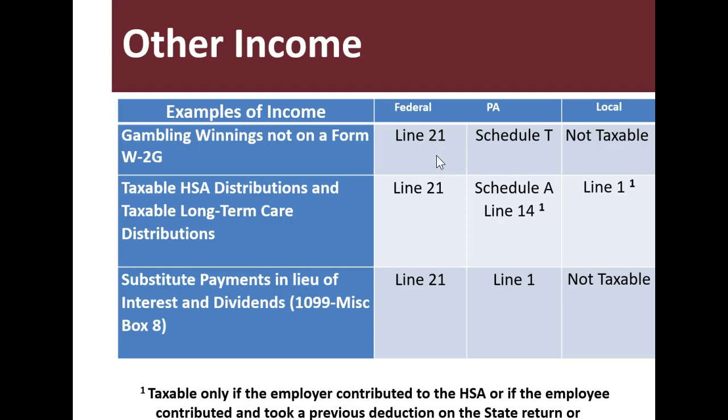You put that on line 21, and in Pennsylvania you create a Schedule T. Now in Pennsylvania, you want to note Pennsylvania does allow you to offset that with gambling losses. So if they are aware of their losses, you can include that on Schedule T. On federal, you don't have that opportunity any longer. So it's Pennsylvania that's affected.